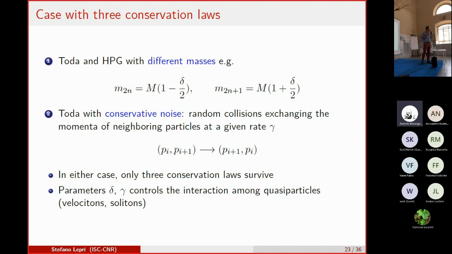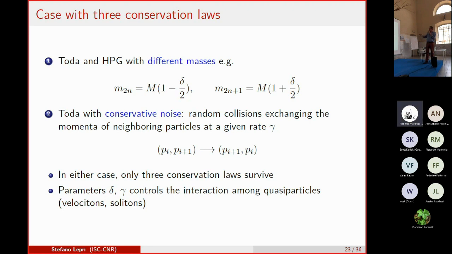It's more like a noise, but a noise that conserves the three basic quantities. For example, you can imagine a Poisson process, a stochastic process, that just exchanges two velocities at random from time to time. This conserves the total momentum, the energy, and the length. So you may think that on very large scales, and this is indeed what happens, it is morally similar to having an H prime perturbation.